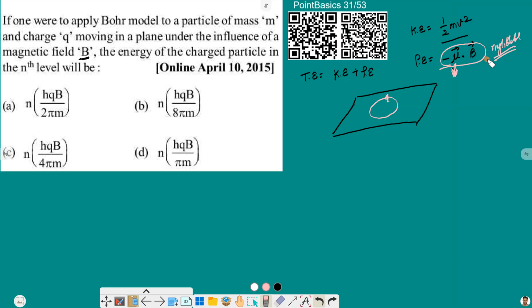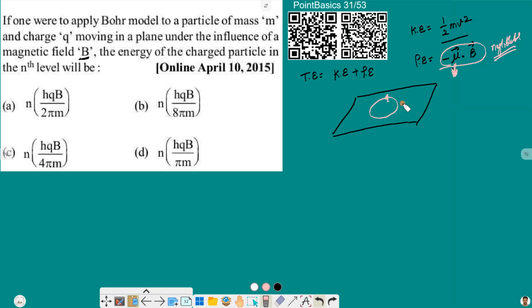Yes, you can compute it, and that will actually be the right answer. But normally in these types of questions, potential energy is ignored, and that is what we are going to do here. After solving this one, I will give you a hint, an approximate calculation, of how we can also calculate this potential energy if you are interested in calculating it.